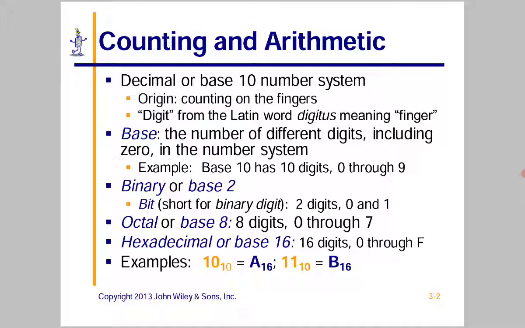The third one is the octal number system, or base 8, having 8 digits from 0 through 7, which means a total of 8 digits. And one more note here: all the 4 number systems, decimal, hexadecimal, octal and binary, should start with 0.